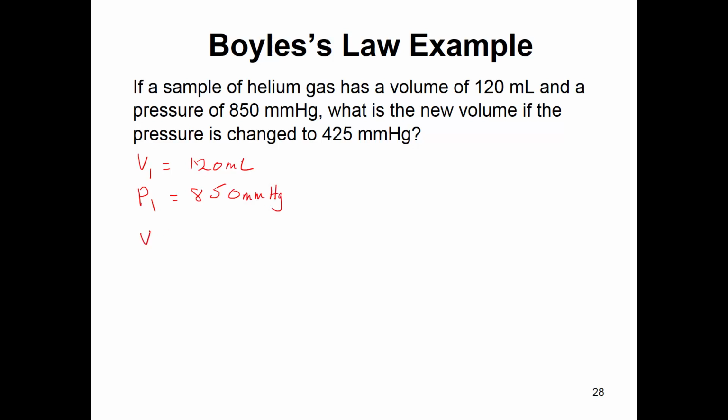It wants to know what V2 is, so I just usually put a question mark. If the pressure is changed to 425 millimeters of mercury. So notice we can use these formulas, including the combined gas formula, for any of these where the situation changes, where you change from an initial condition to another type of condition. So this is our inventory.